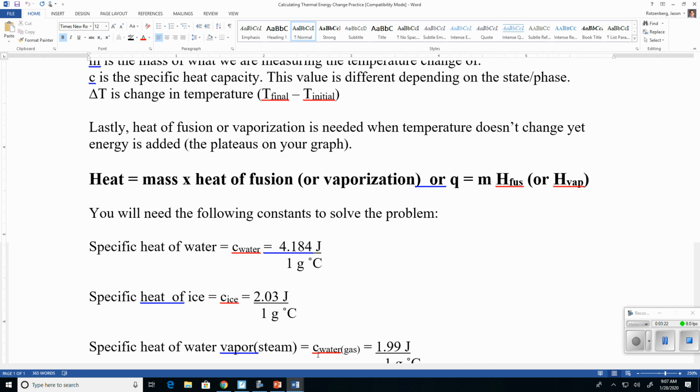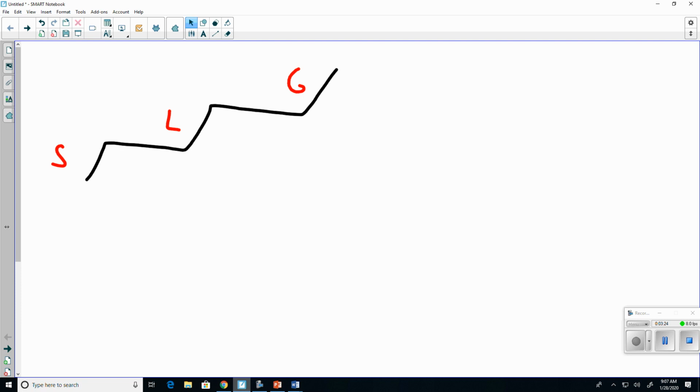Because the heat of fusion, if I go back to my smart notebook here, heat of fusion is talking about this right here, melting. To vaporize means you're going from a liquid to a gas.